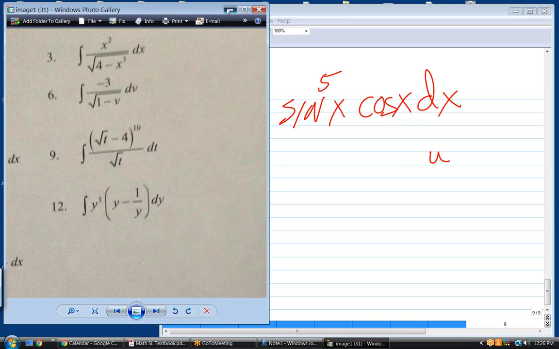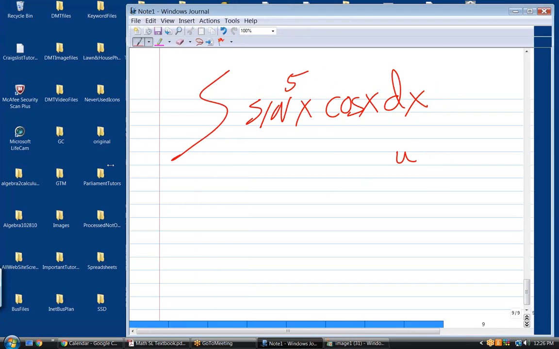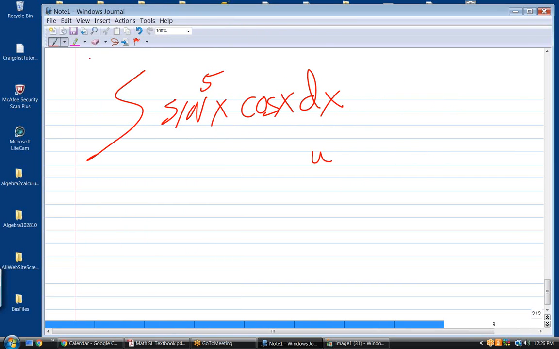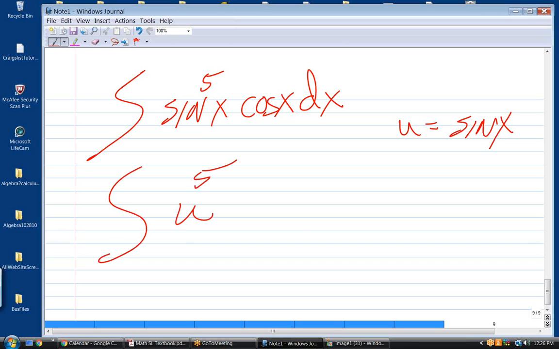Here, let me close this because I really want to cover this. What's U going to be? Cosine x. No, sine x. Sine x. Right, sine x. Why? Because I want to write this as u to the fifth. That's my goal.